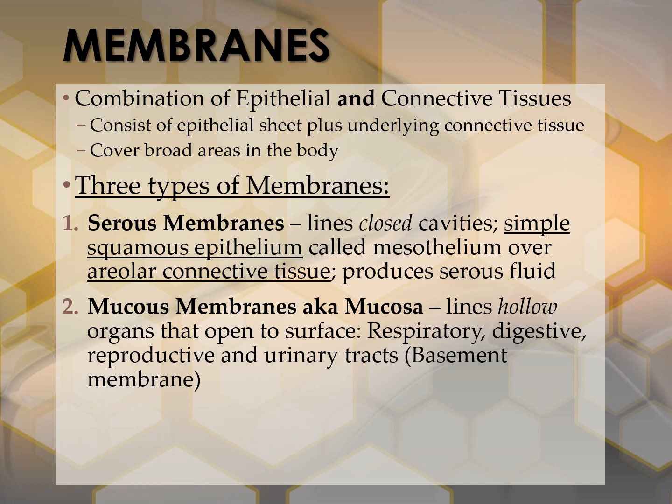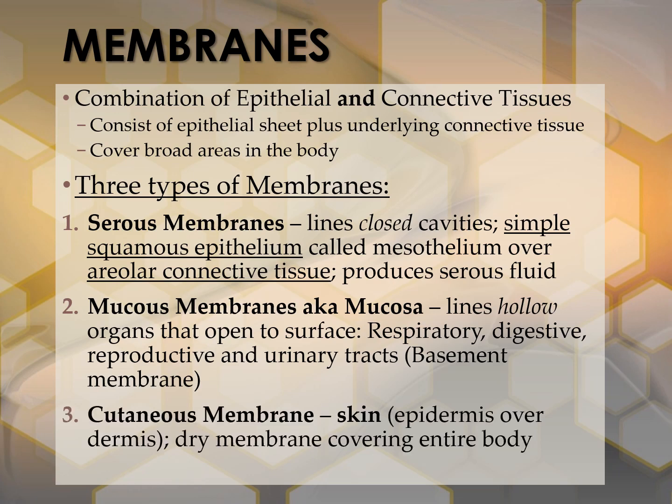The digestive system, our mouth opens up to the outside world. Reproductive, the urethra, the vagina open up to the outside world. And the urinary tract, right? So the urethra is kind of both in reproductive and urinary systems, but the urinary tract as well, okay?